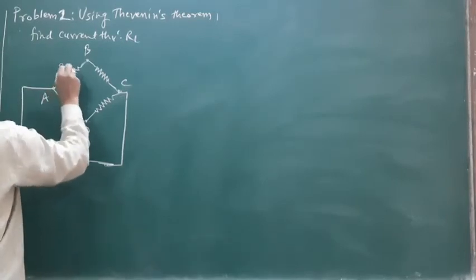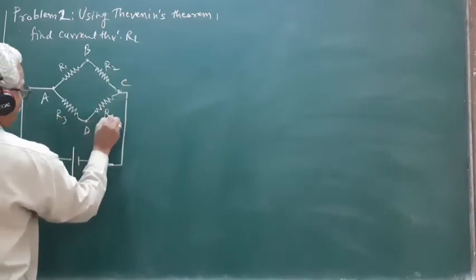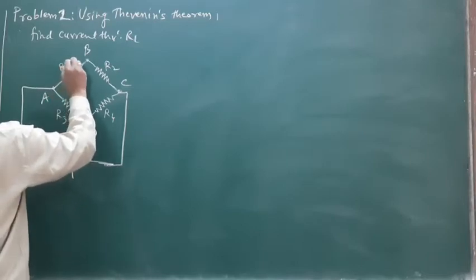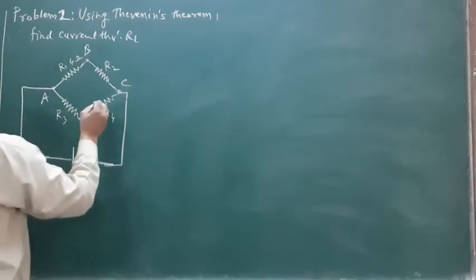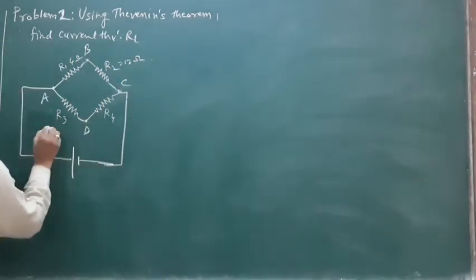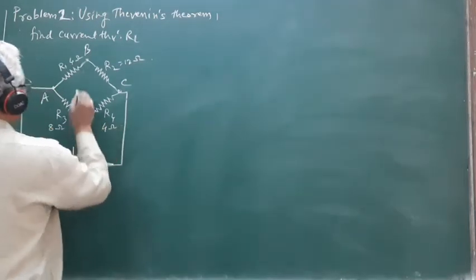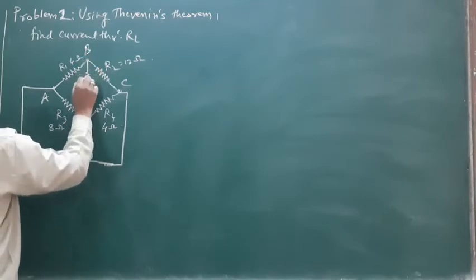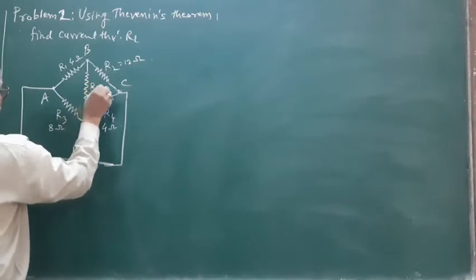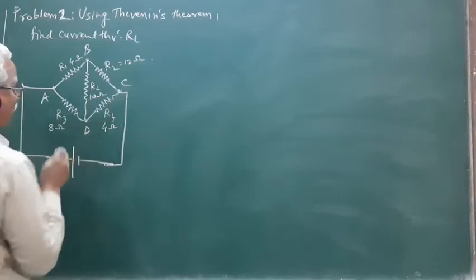So this is R1, R2, R3, R4. R1 is 4 ohm, R2 is 12 ohm, R3 is 8 ohm, R4 is 4 ohm, and the load resistance RL is connected between the terminals B and D. And the value of this load resistance is going to be 10 ohm.